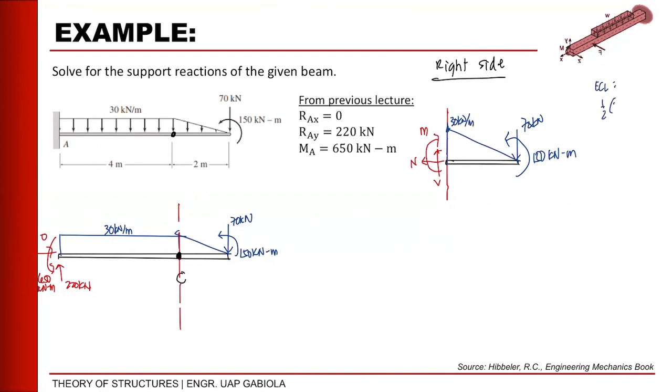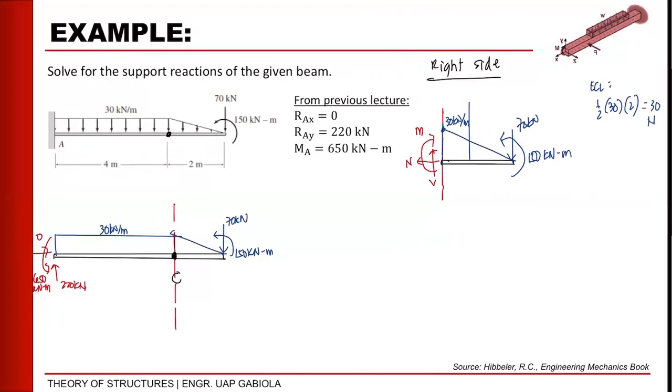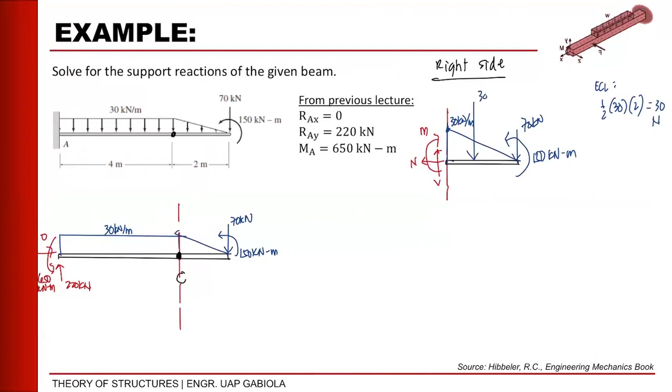So, 1/2 ng 30 times 2, yung length natin, is equals to 30 pa din, pero kilonewton na siya. Okay? So, let's write that. Ito yung ECL. So, 30 kilonewton. Yung distance ng ECL papunta kay C will be equals to 1/3 ng L natin. So, L natin is 2, so 2/3 yung gagamitin natin value.